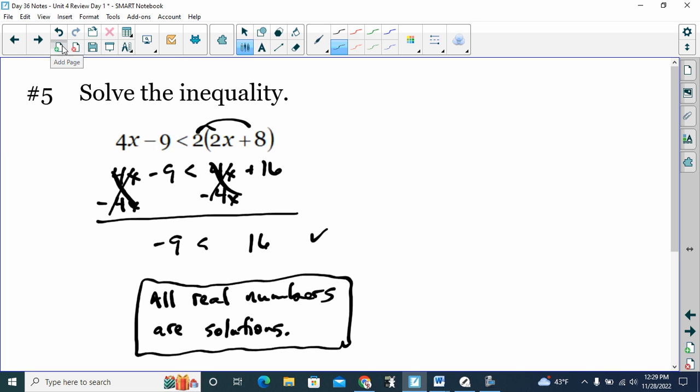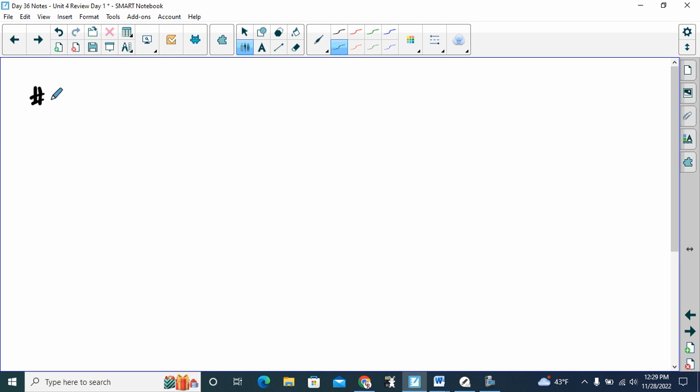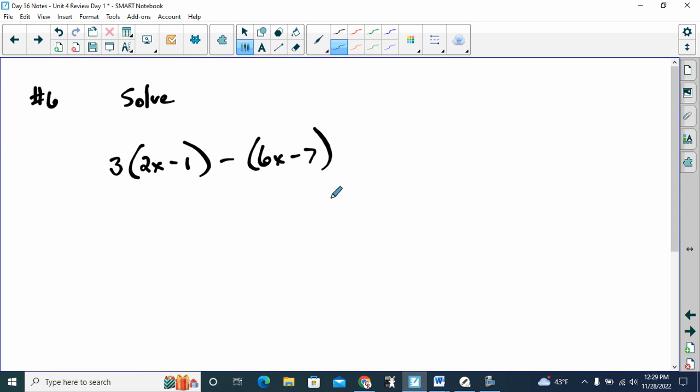Let's take a look at another one. Let's call this one number 6. I didn't have this one on there, but again, let's say solve. Let's go 3 times the quantity 2x minus 1 minus the quantity 6x minus 7 is less than 2.